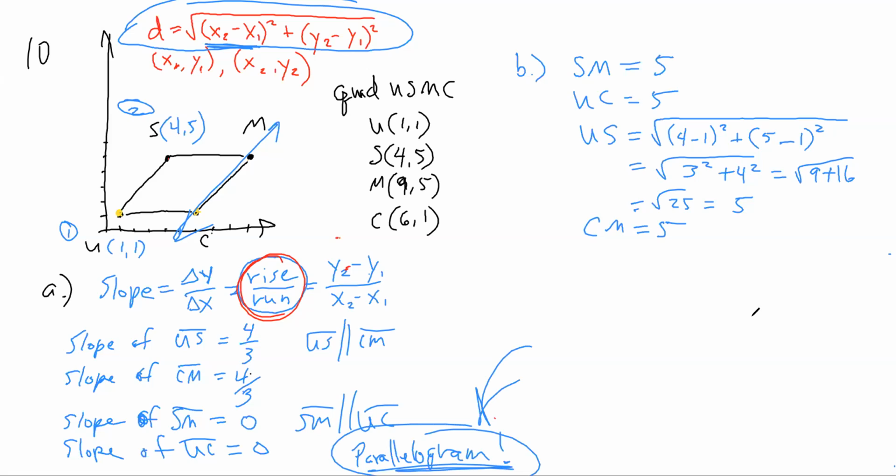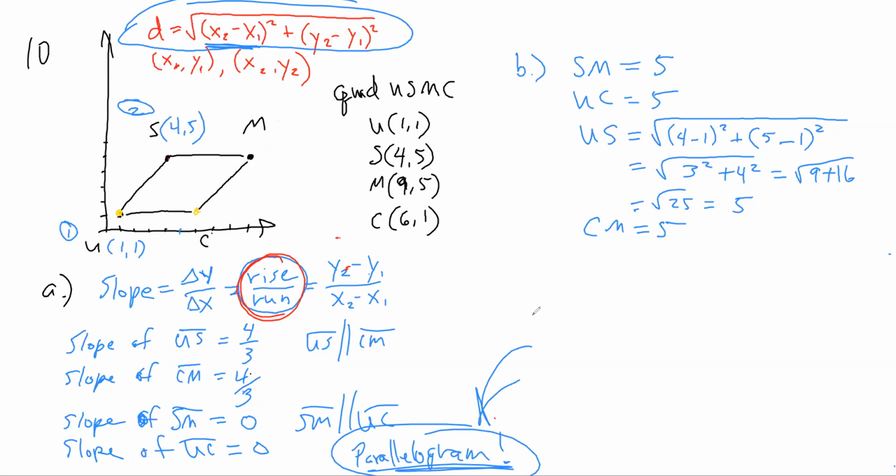So I can rely on that work to know that if I found the length of US, CM has to be congruent, and I know that length already from showing it was a parallelogram. Okay, I took away too many marks on that erasing. I got rid of one mark. I can put that one back.